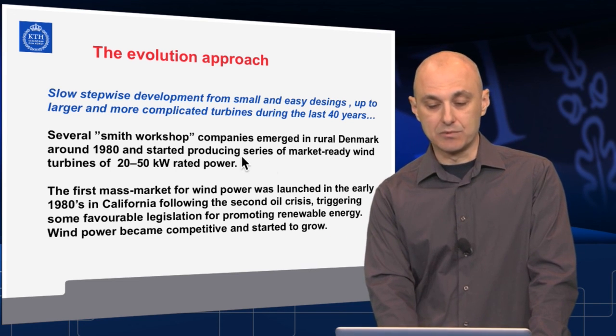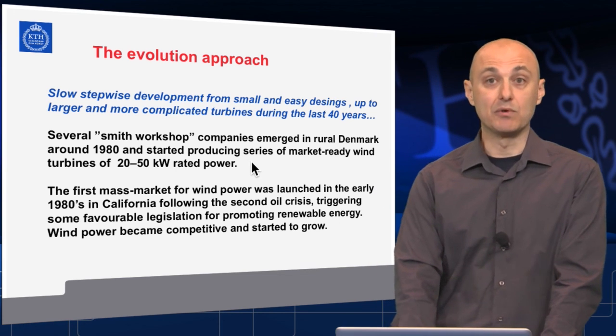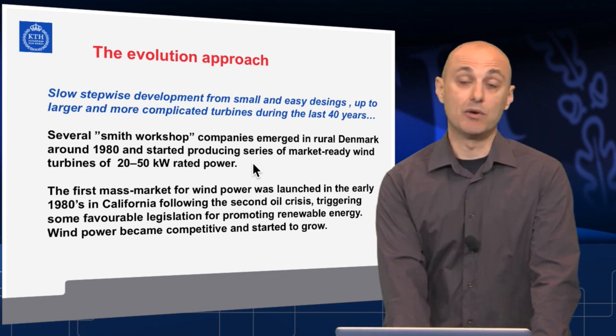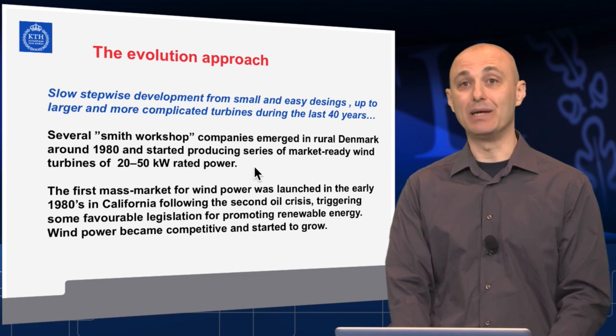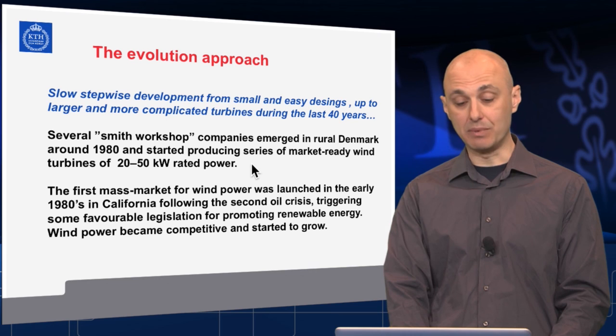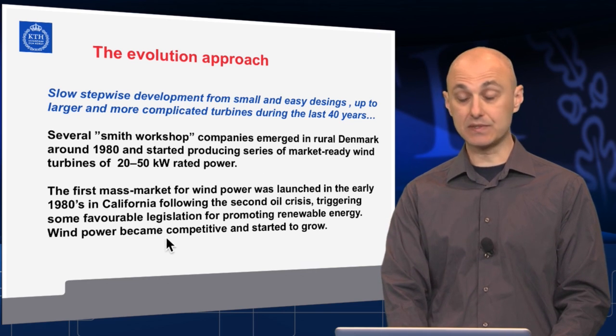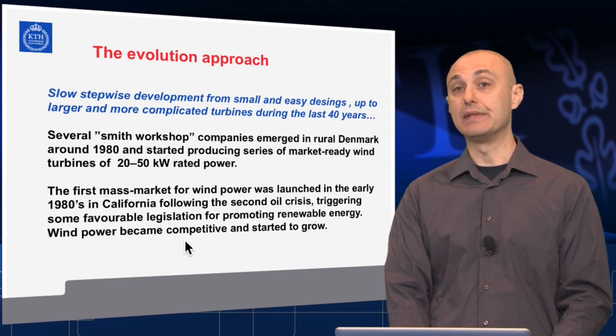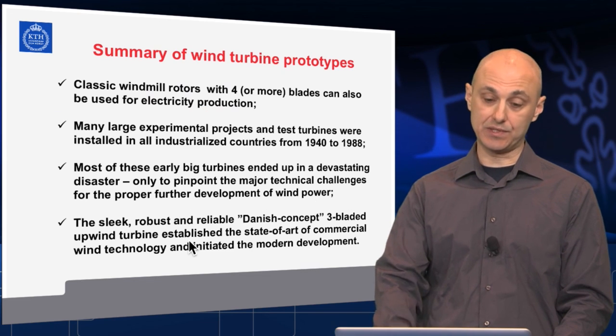Many of those designs were available in Denmark. Some of the names of those early companies are gone now, but they are exactly the ones which started the modern development of wind power. The first market started in California, and that's the topic for the next section.